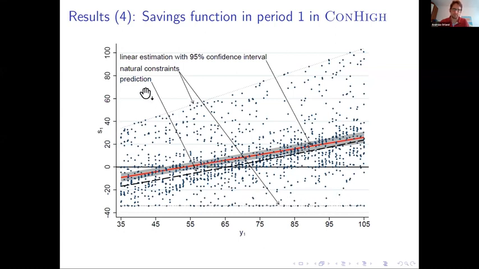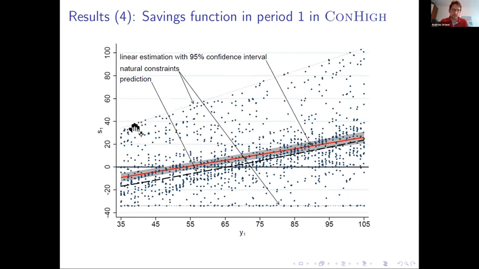And we have the prediction, the black dashed line here. We have the linear estimation with a 95% confidence interval. We have natural constraints, so we have to prohibit subjects from either borrowing too much or saving too much so that their utility would become negative.